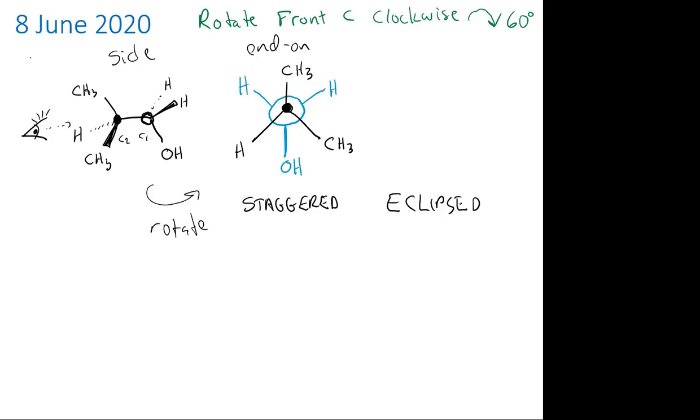And when we draw that rear carbon, since we're rotating the front one, we're not changing the rear one at all. So we can just go ahead and draw it exactly as it was before, right? And then what we're going to do for the front one, we really should have it exactly on top of that other one. But you can see, like, that's going to be a messy drawing, right?